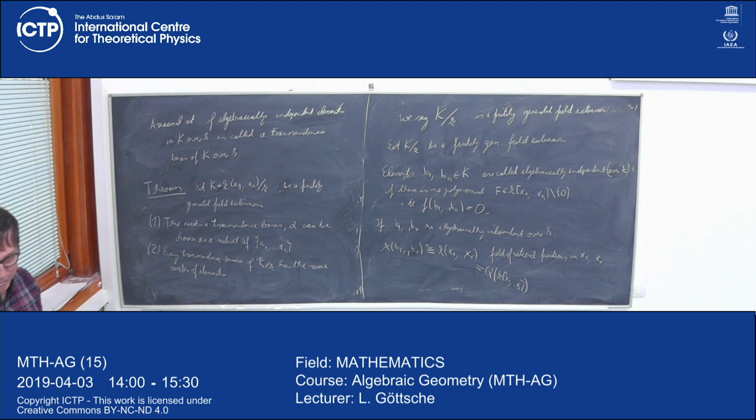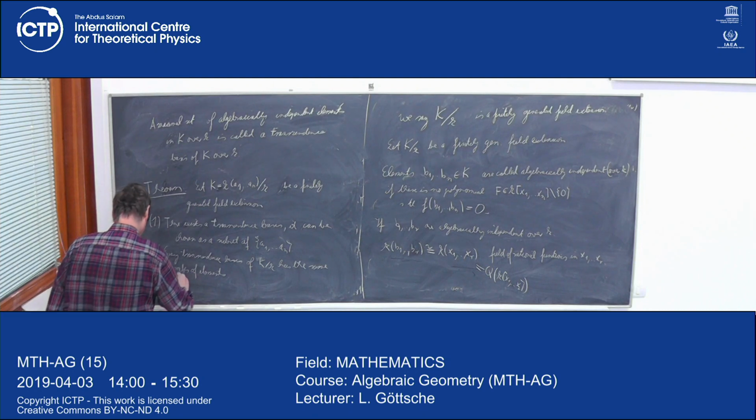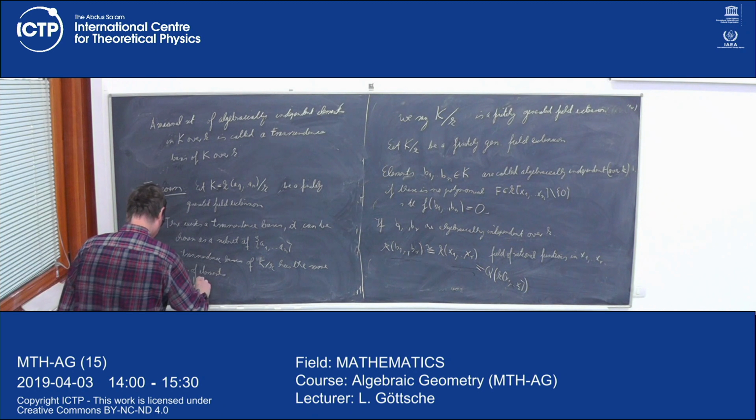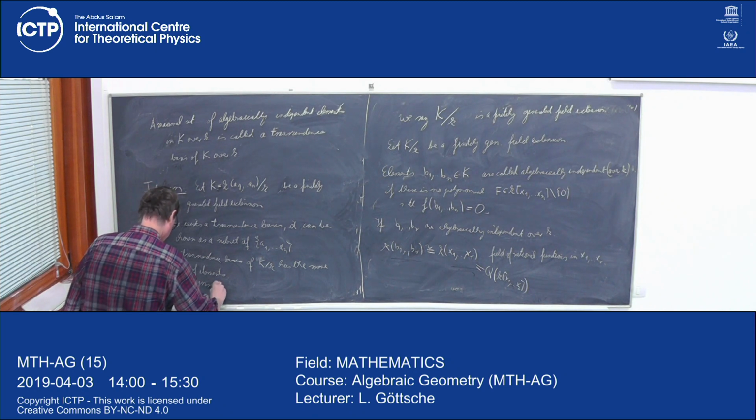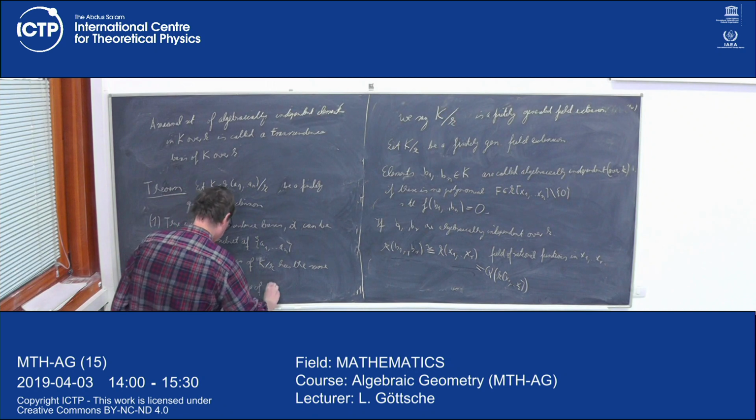It often leads to almost paradoxes, but not quite. So every transcendence basis has the same number of elements, and this is called the transcendence degree of K over k.